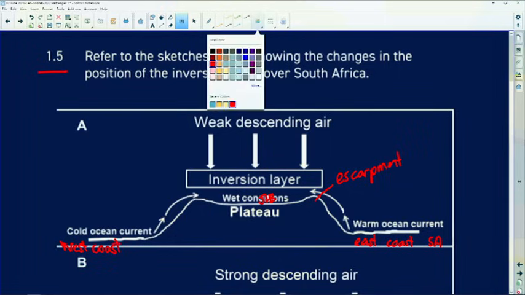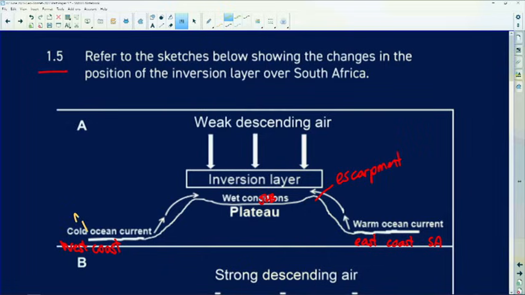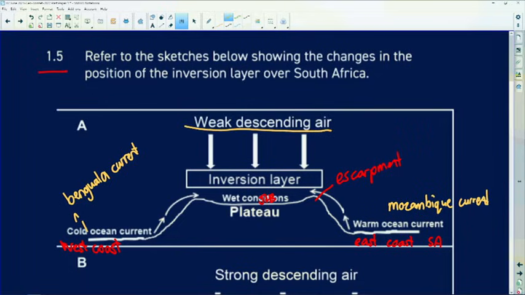Now, once again, we just revise our previous knowledge. This cold ocean current is known as the Benguela current. The warm ocean current is known as the Mozambican current. Very importantly over here, weak descending air.